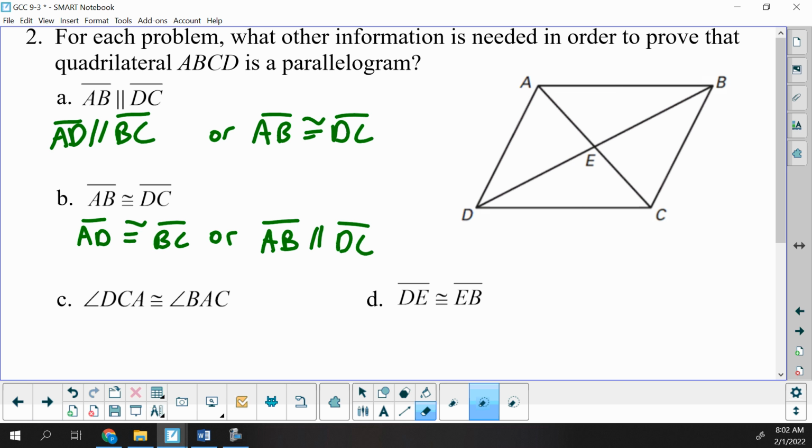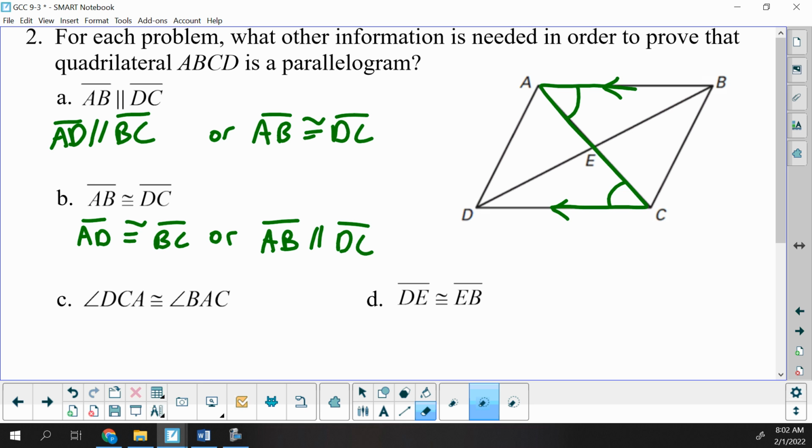We'll go ahead and erase our markings. Next we have angle DCA, which would be right here, and angle BAC, which would be right there. Well, if those angles are congruent, if we make our zigzag, those are congruent alternate interior angles, which would lead to these being parallel.